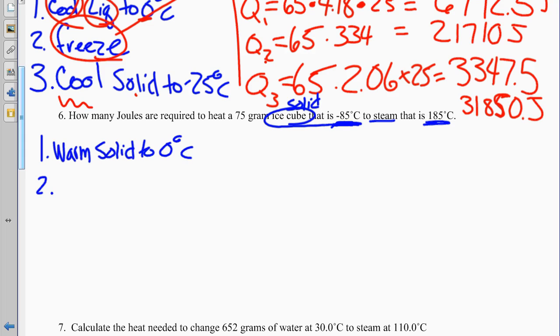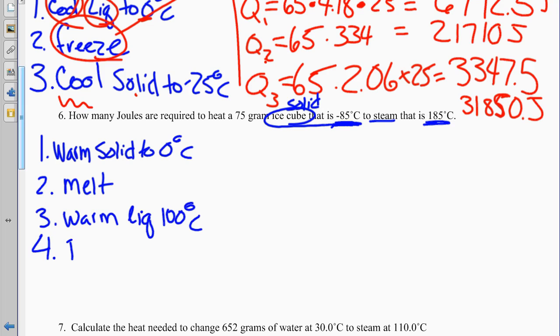Then I'm ready to melt. Melting is my next step. 3. Now I'm a liquid, I'm going to warm my liquid to 100 degrees so that I can boil. And then number 5, I'm going to warm my steam. I might want to write gas.